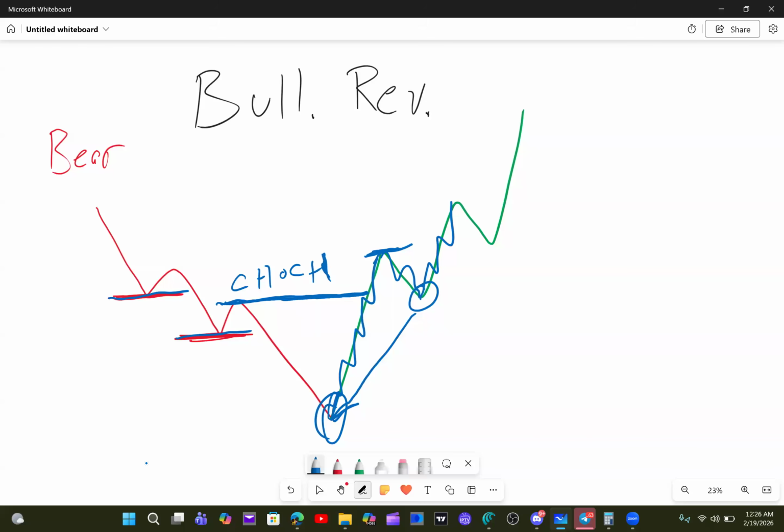Now, some people start on this pullback here. Sometimes it will come a little bit deeper, sometimes it won't. But I like to wait for that confirmation. Once you get that break of structure here, that's your confirmed reversal. Now you can wait for it to pull back somewhere up into here and take your trade going up.